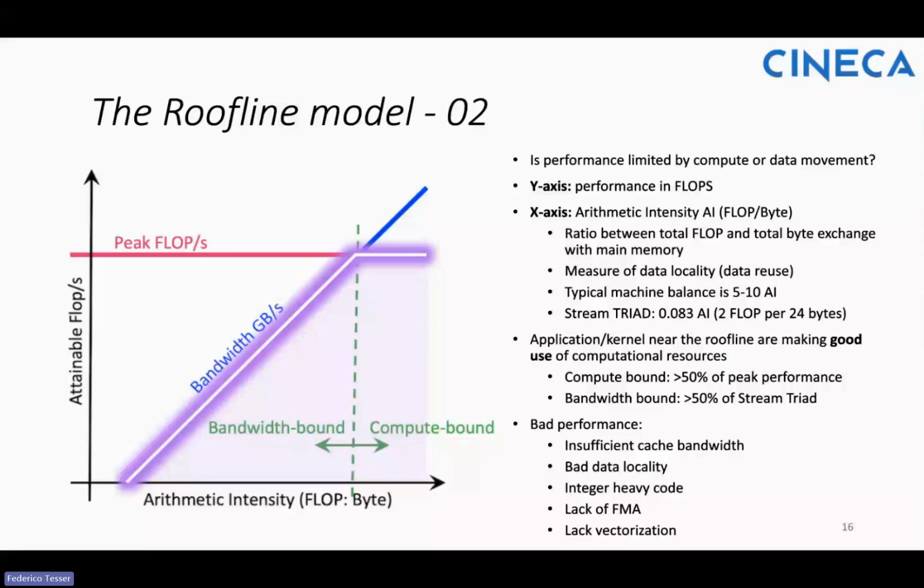If you obtain bad performance, you have to check some kinds of events or information like caches, bad locality. You have to check the floating-point multiplier operations. So that's vectorization lacking. So you have to deal a little bit with your code.